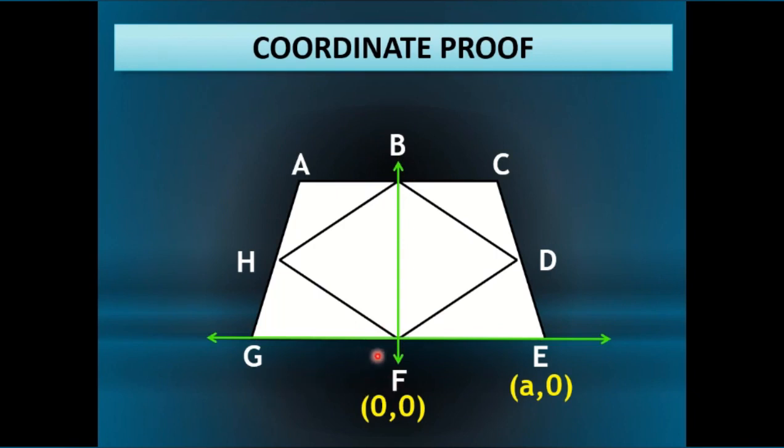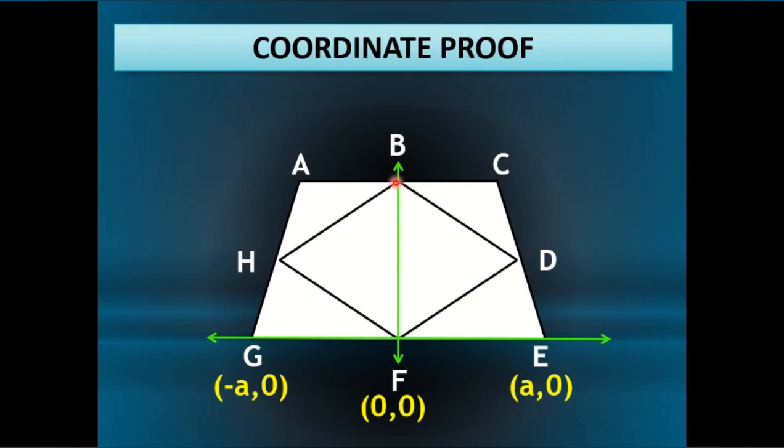And then since we have here a bisector, meaning this side is congruent to this side, we can say that this is also a, but since it is located on the second quadrant, the sign of the x coordinate in the second quadrant is always negative. So we use negative a, 0. And then for point B, let us say this is a and this is b.